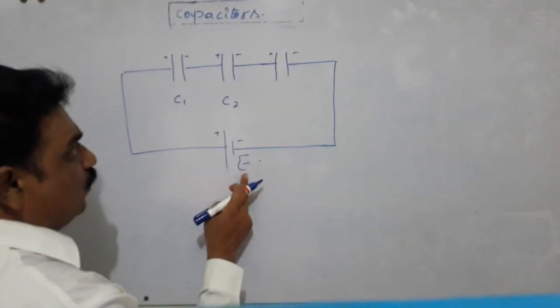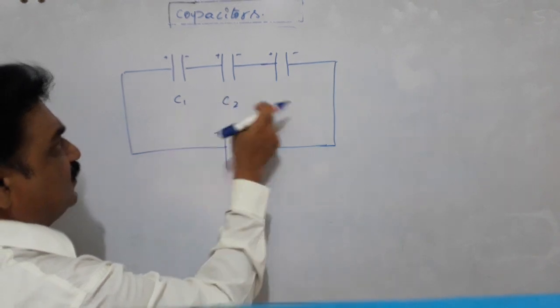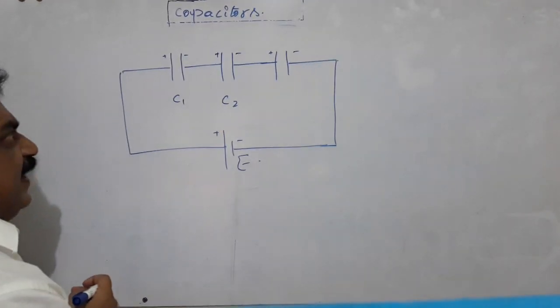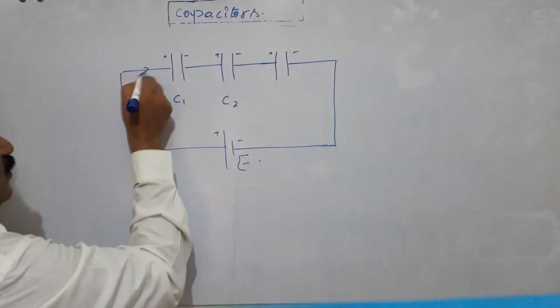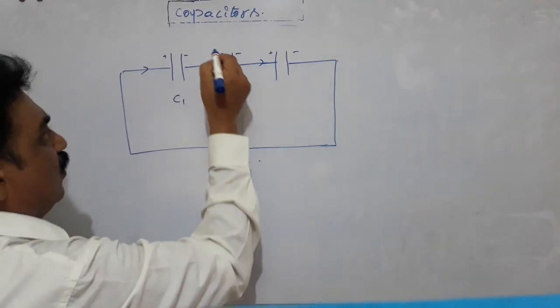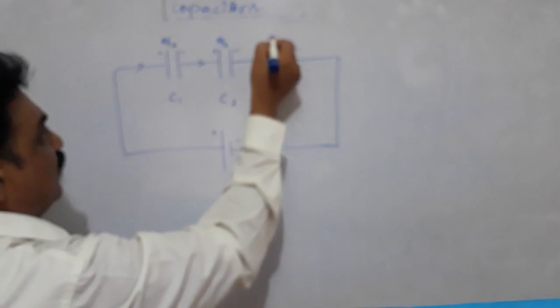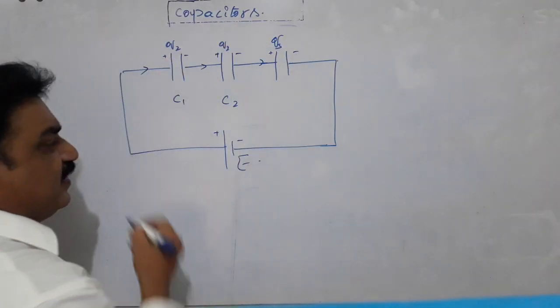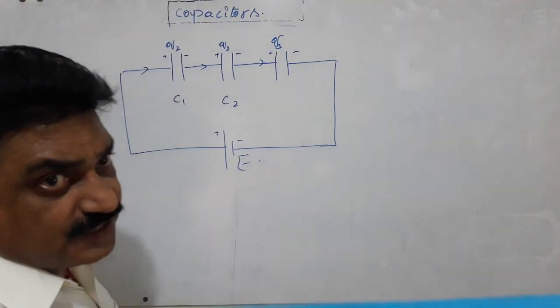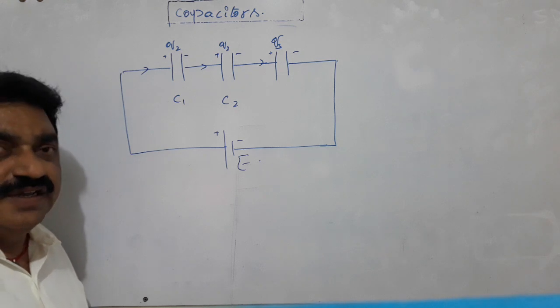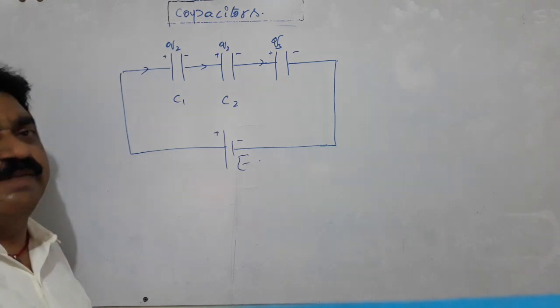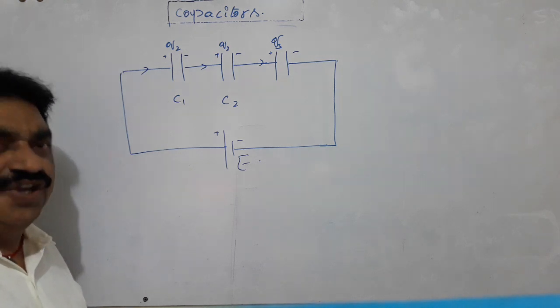If you connect these capacitors in series, the charge on every capacitor will be the same. Just like the current in resistors in series is constant, here the charge on each capacitor becomes constant in series.